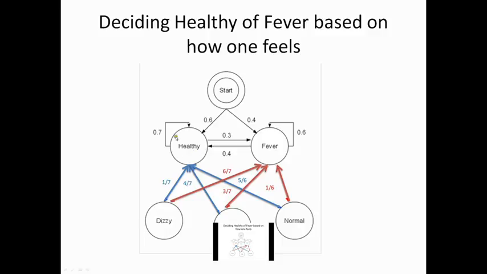For example, if on day 1 you are healthy and then you show up on day 2 and you feel dizzy, your probability of being healthy is now 1/7 times this 70%, while your probability of having a fever is 6/7 times the 30%. So that's kind of how it works.